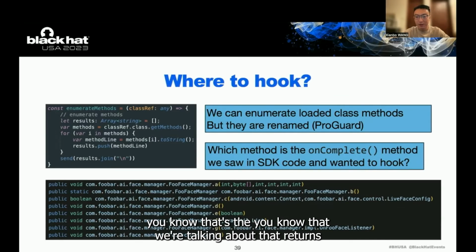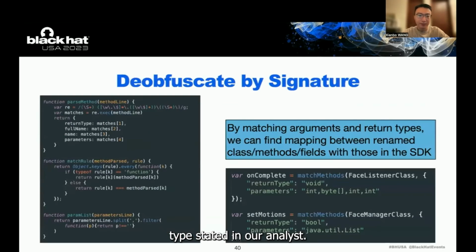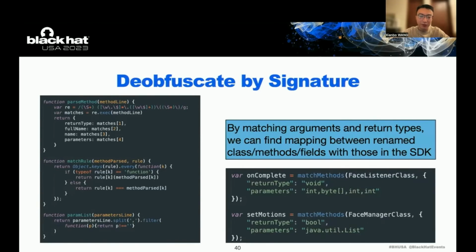If you know that your target method returns, like, the image bytes, then you expect to see some byte type of data in the argument list. So with this idea, we actually built a very simple framework in Frida that helps us reliably hook the obfuscated code by matching those data types and return types.